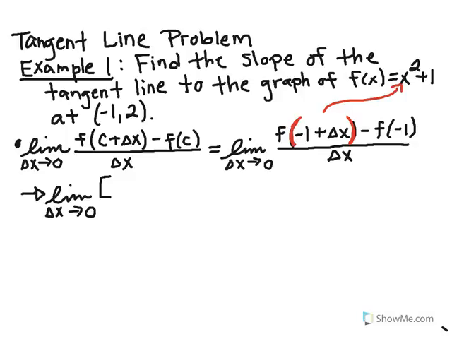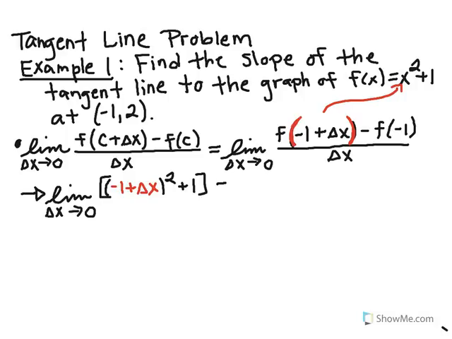But I'm going to open up a bracket and then a parenthesis, and I'm going to write this in red: when I plug in negative 1 plus delta x into this function, that would give me negative 1 plus delta x, and then squared, because this is x squared, so this represents my x, and then I'm squaring it, plus 1, and I close parentheses.